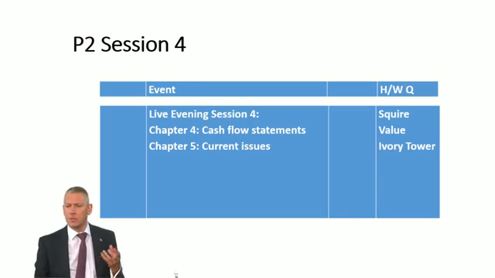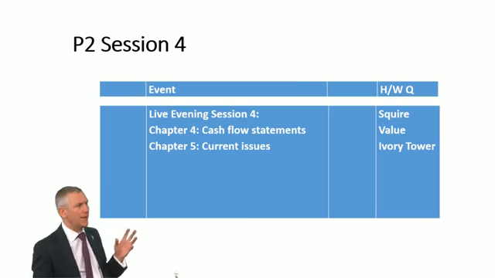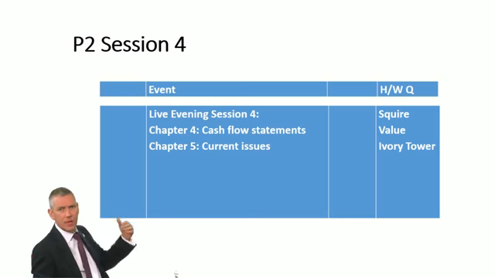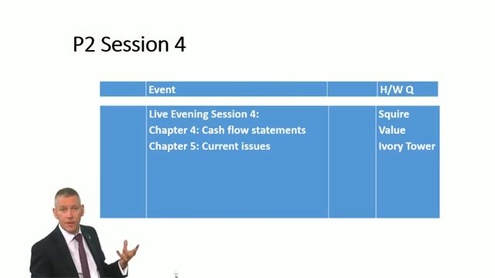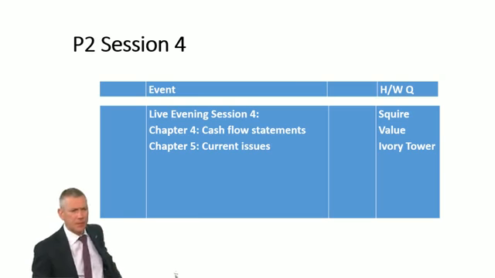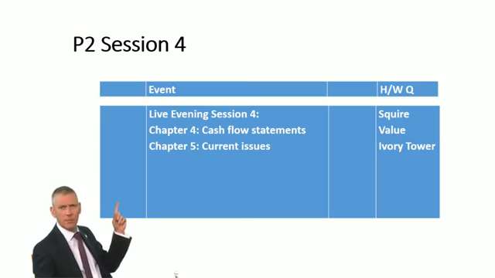P&L and balance sheet is done by the process of adding across. The fancy name for adding across is consolidation. So P&L and balance sheet are adding across, consolidation questions, but cash flow statements are done by a different process. The technical name for what we do is incomplete records.